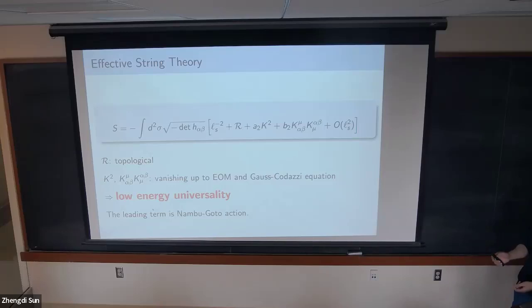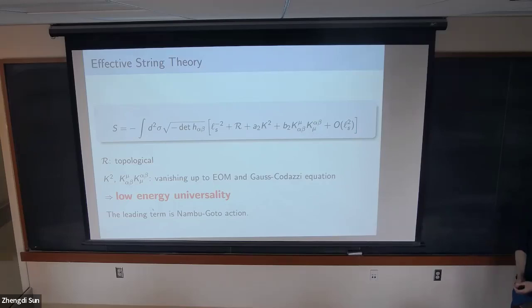So this is known as the low energy universality of the static string theory, in the sense that the non-trivial terms only appear in the subleading order of the string action. One good thing about this is that the effective string spectrum is very universal. The leading behavior is general, so we don't really need to consider what specific theory we are embedding the string in.